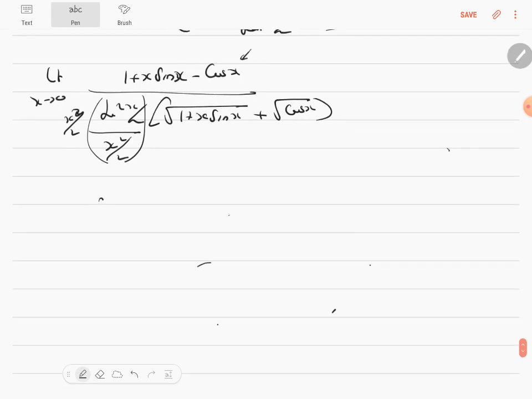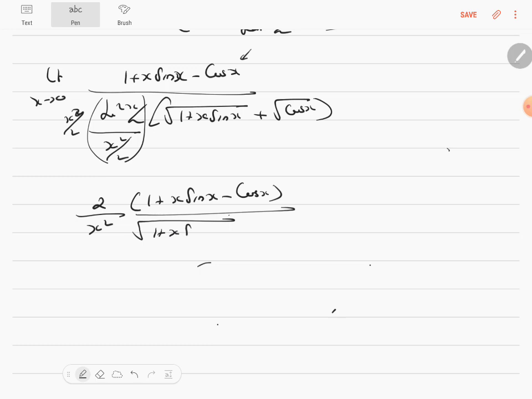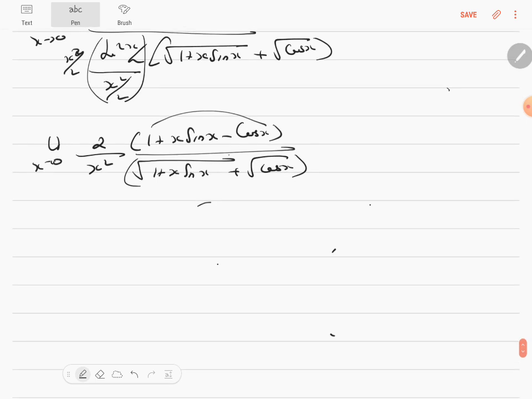Take the 2 above and an x square down, and a 1 plus x sin x minus cos x by a root of 1 plus x sin x plus root of cos x, limit x tends to 0. So you somehow want to eliminate the x square, and can you see, 1 minus cos x is 2 sin square x by 2.